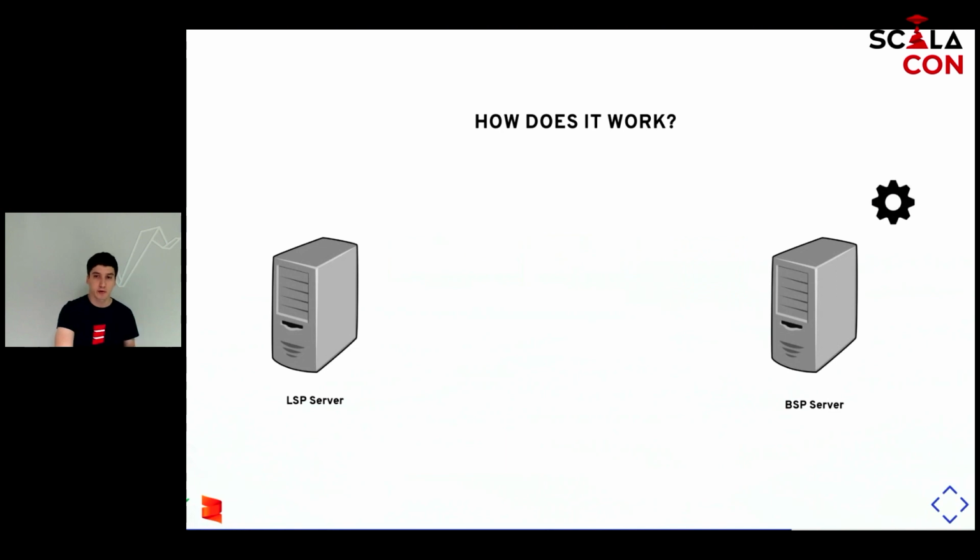The BSP server will think about it and answer, and maybe LSP server wants to compile that project. It will send a request to compile it to the BSP server. The BSP server will take a bit of time to compile it, and maybe it will create an error report. That error report can be analyzed by LSP server and presented to the user. So it's very similar to how LSP works.